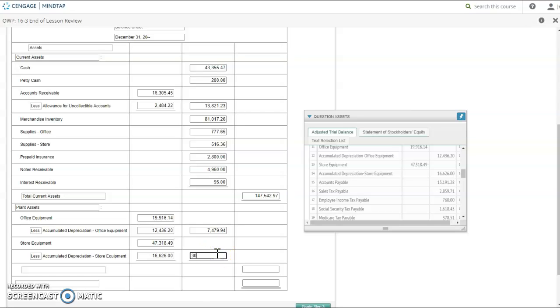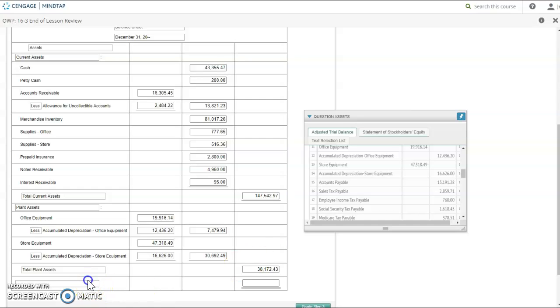And I got 30,692.49. And then I'm going to add those two plant assets together to get my total plant assets. And I'm going to label that as total plant assets.